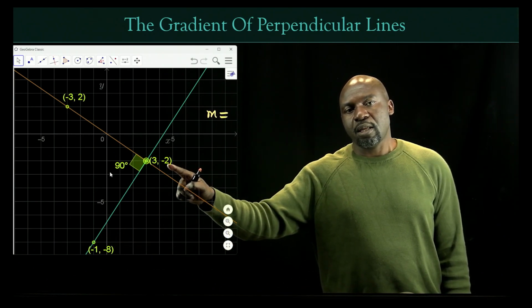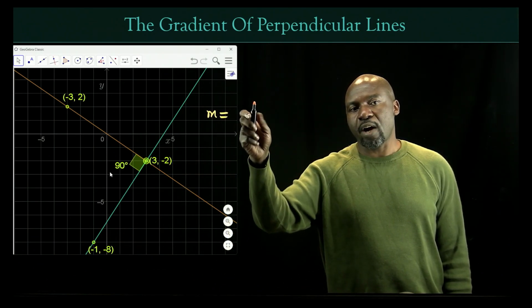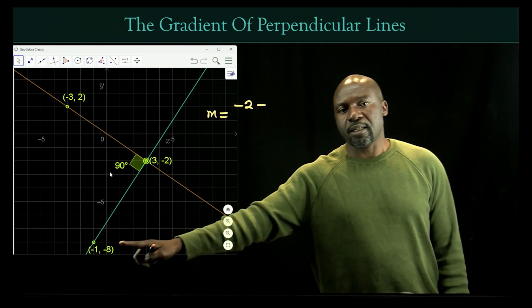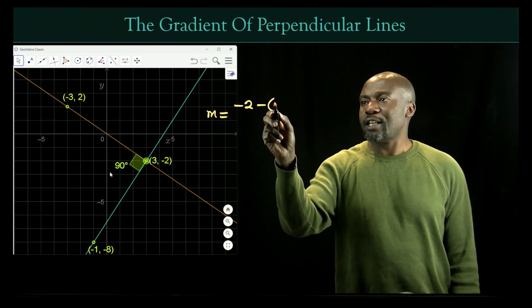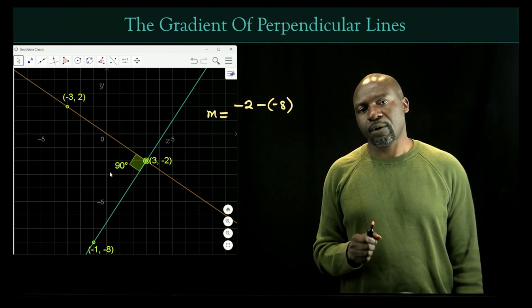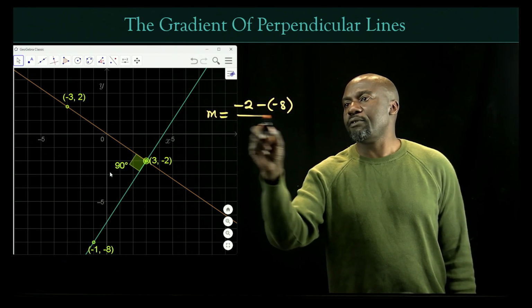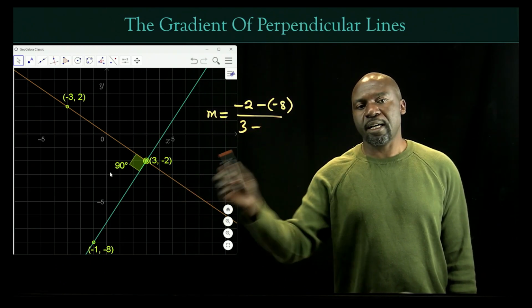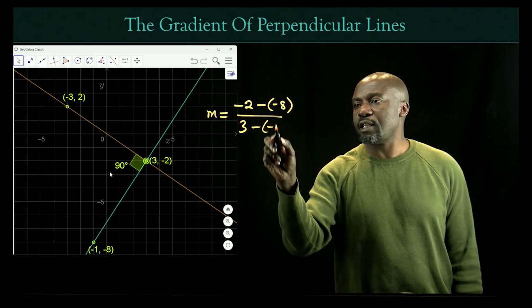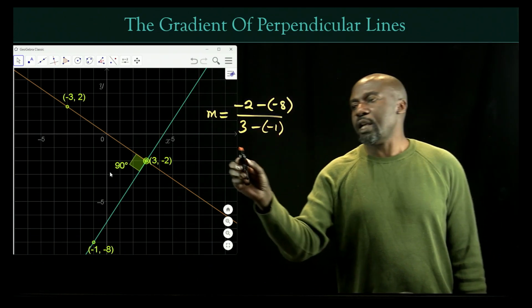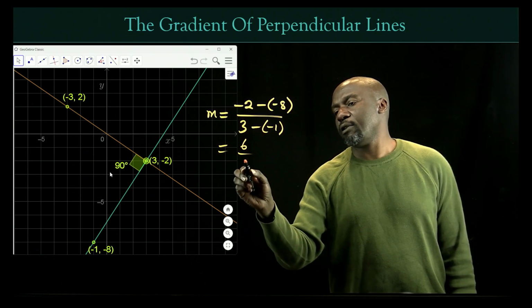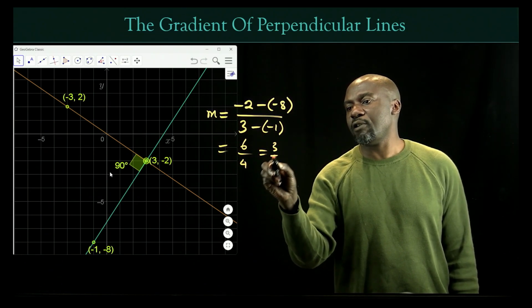The y value is y2 minus y1. So the y value here is -2 minus the y value there, which is -8. We divide that by the x value here, which is 3, minus the x value there, which is -1. This gives me a value of 6 over 4, which is 3 over 2.